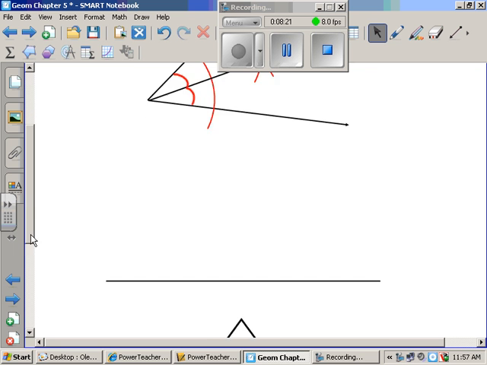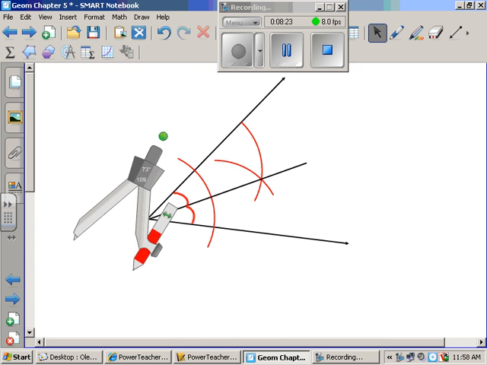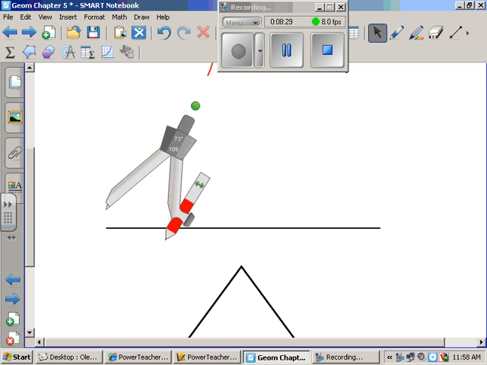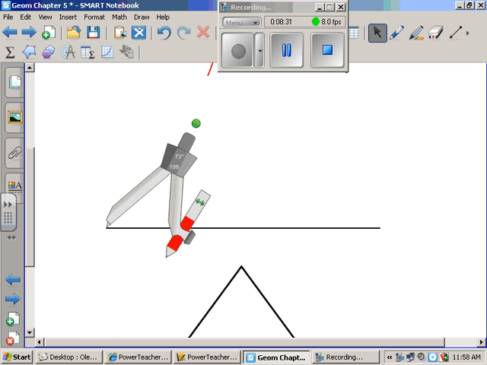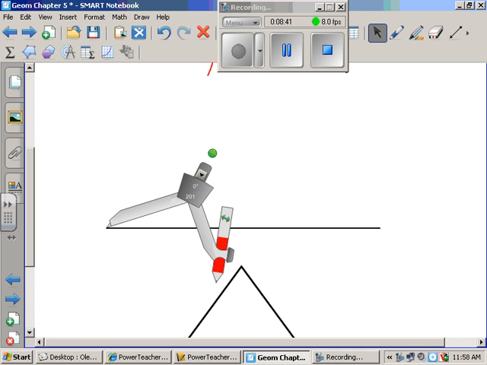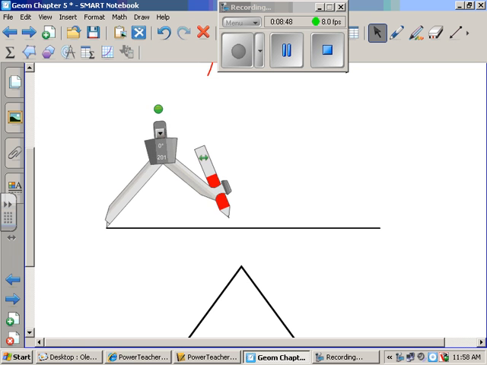All right? The second one is a perpendicular bisector. So we're going to have to find the midpoint of this segment, and we're going to need to draw a line, and it takes 2 points to draw a line. So the way you do that is you open your compass more than halfway across this line.